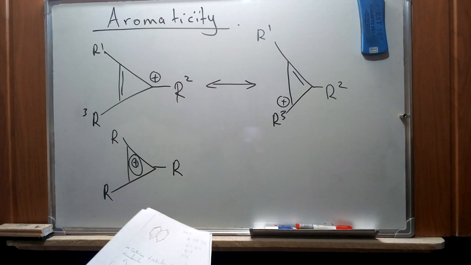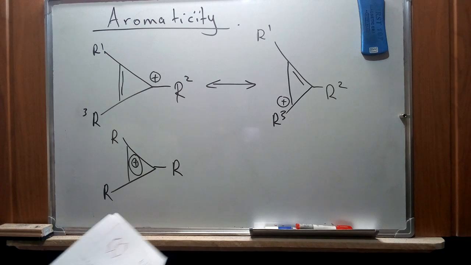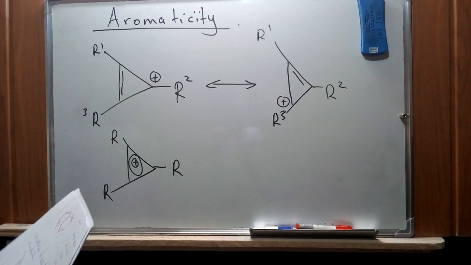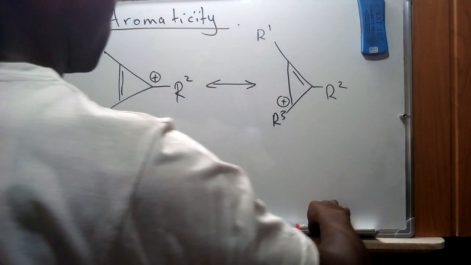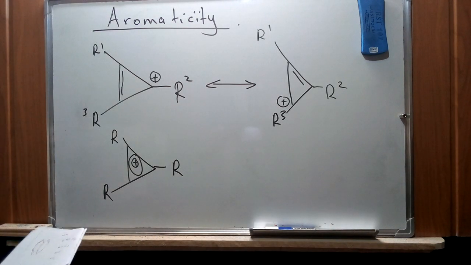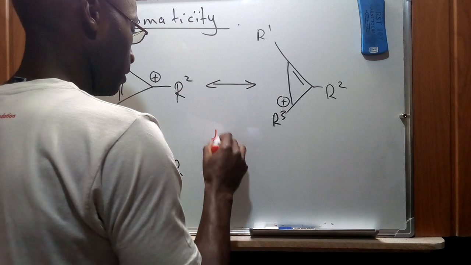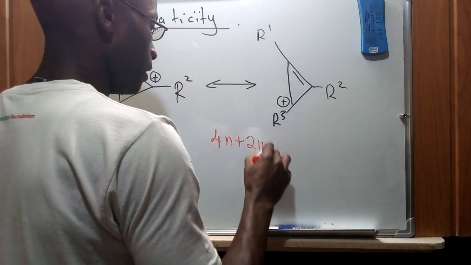Now basically the illustration that I've given, we have talked about carbocations and carbanions. This carbocation can form a resonance structure like the second one that I've given. We can see whether it is going to achieve the concept of aromaticity by trying to apply Hückel's rule, which we have mentioned as the number of electrons to be this one.